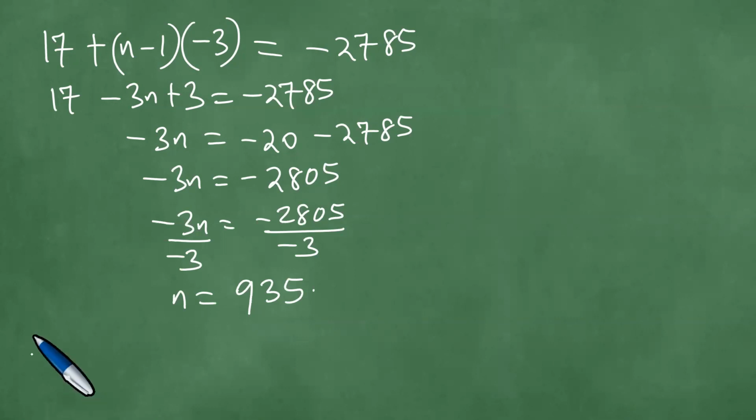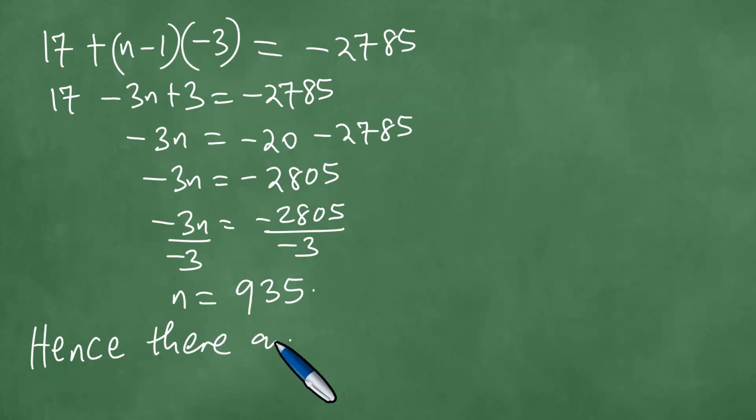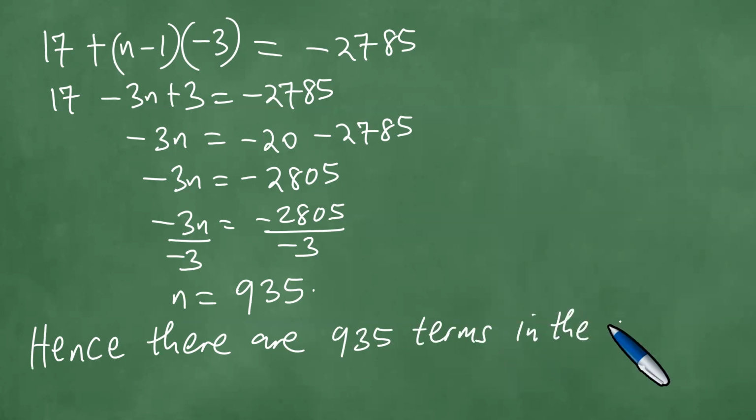And hence, there are 935 terms in this sequence. Hence, there are 935 terms in the what? In the sequence. Let's get the next question, please.